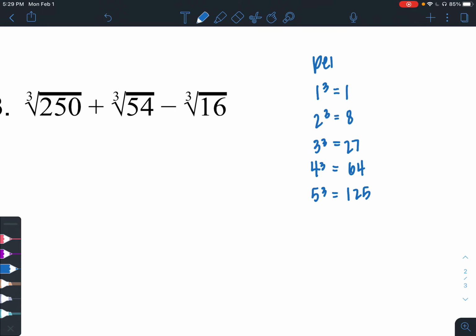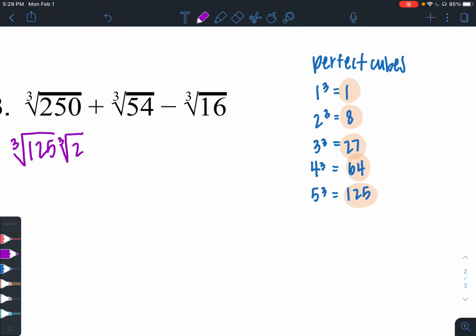I would go ahead and write those down as well. And remember, your perfect cubes are the ones on the right here, not the ones on the left. All right, so 250 has a perfect cube in it of 125, and 125 times 2 equals 250.